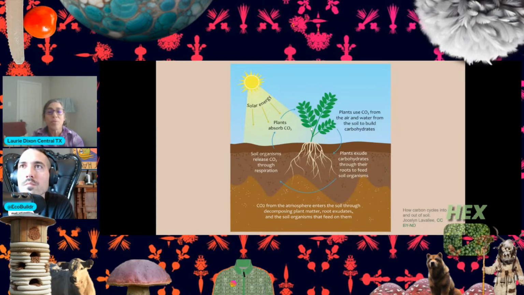It goes through the photosynthetic process, and then it has exudates, it's called, which are the carbohydrates that it makes, and proteins also. And those go into the soil. And that's photosynthesis, taking that carbon up here and storing it down in the soil.